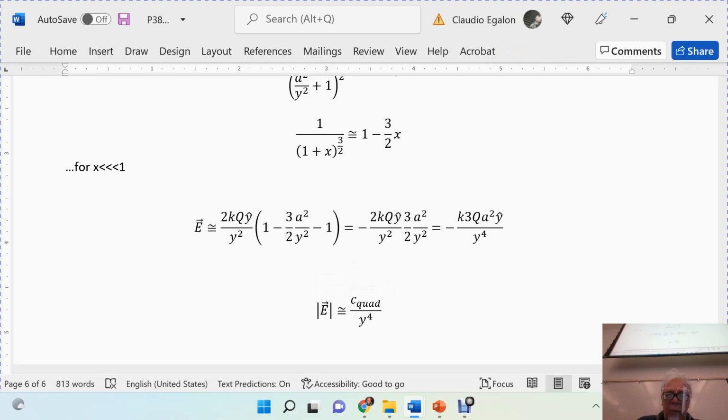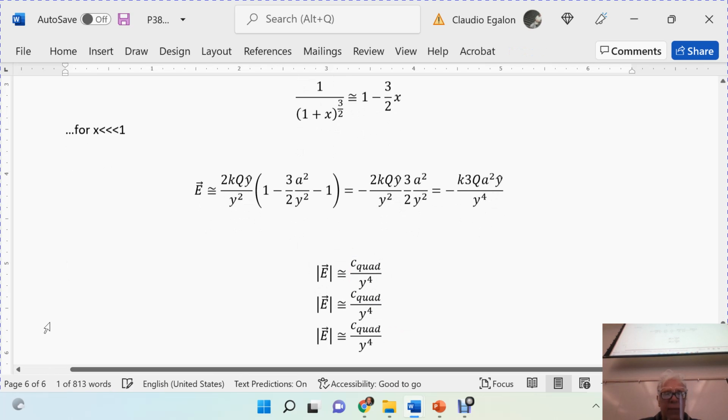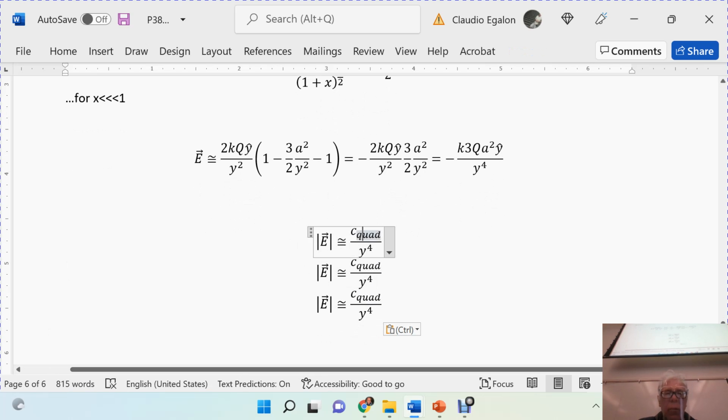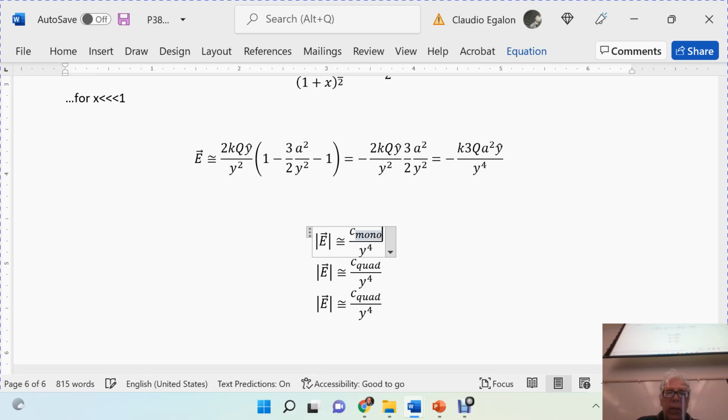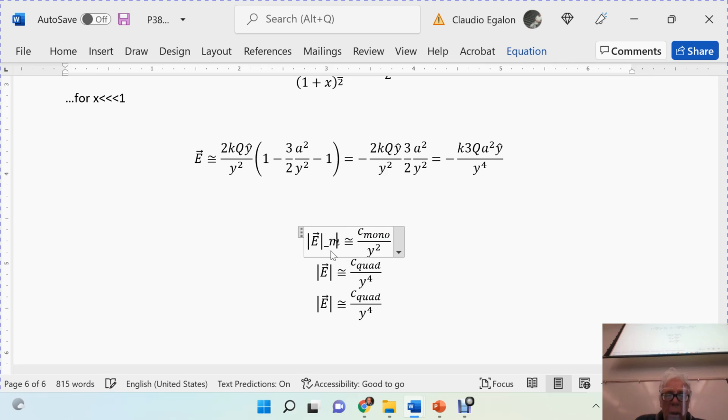For an electric monopole, you already have that by heart, right? It's going to be a constant divided by the square of the distance. And I'm going to put it here, monopole.